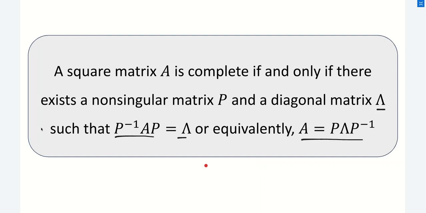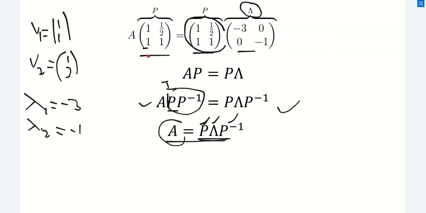So when you multiply the inverse of P, the A matrix, and P, we'll get a diagonal matrix, or we can have A equal to P multiplied by D and by the inverse of P. Now, what is this P and P inverse? We will define that. So take note, it's not any ordinary matrix, but we'll learn how to define it. And that is what I was trying to explain to you here.